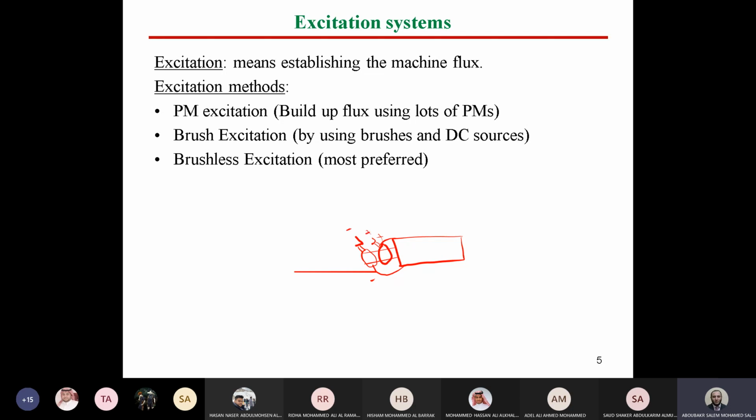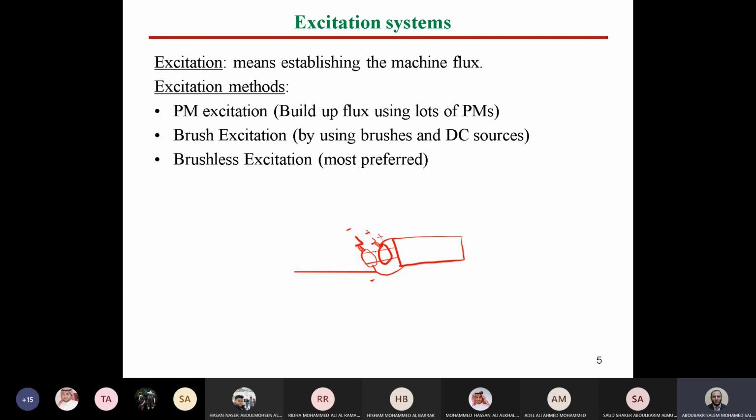If this brush, by friction, is worn out, what will happen? This spring will be in touch with the slip ring itself. If you have two metals together with external force, what will happen?